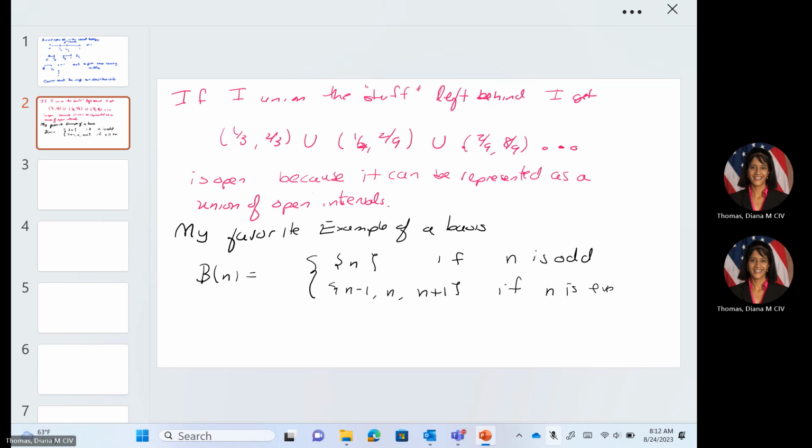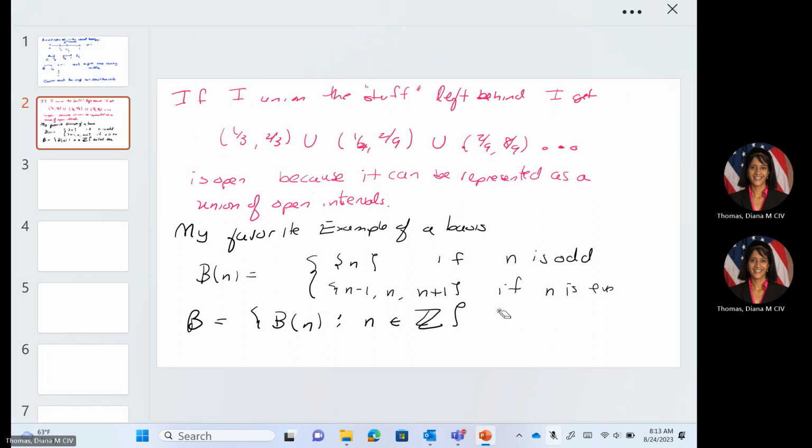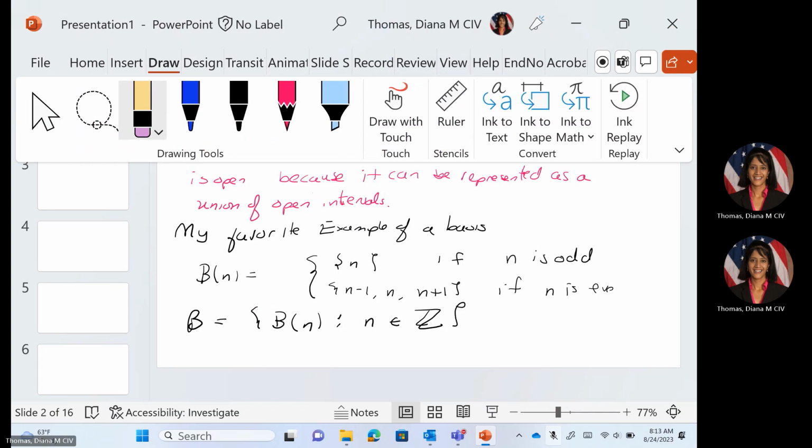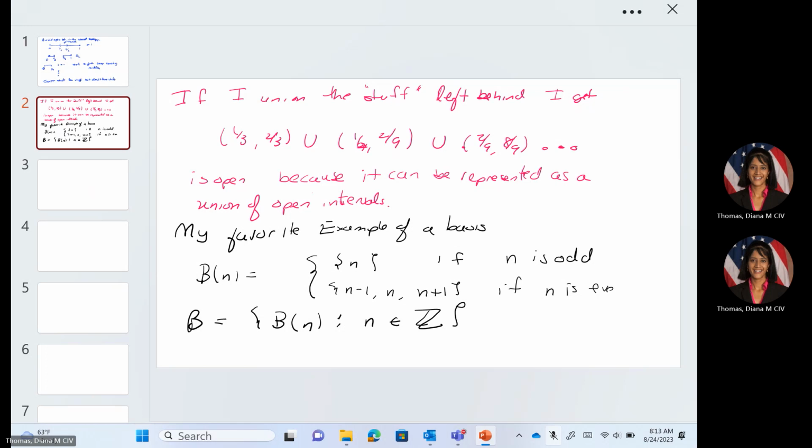So the basis is going to be B of n such that n belongs to Z. I'll wait till you take those notes and I'll move to the next slide. What is the basis? So this is the basis for the digital line topology.